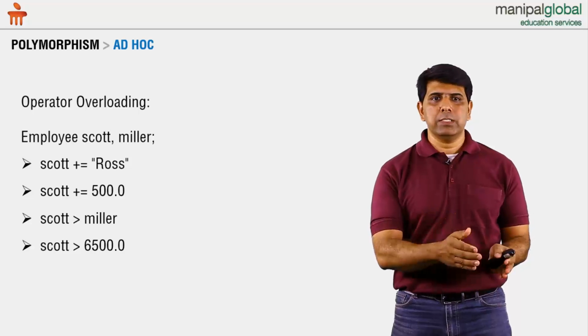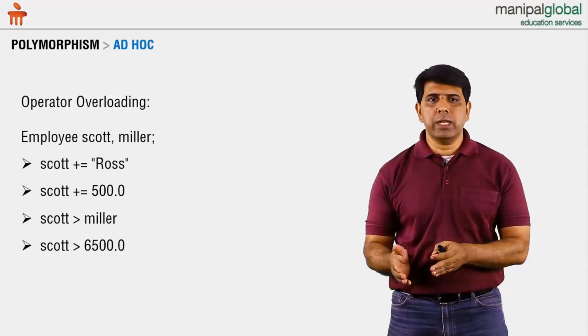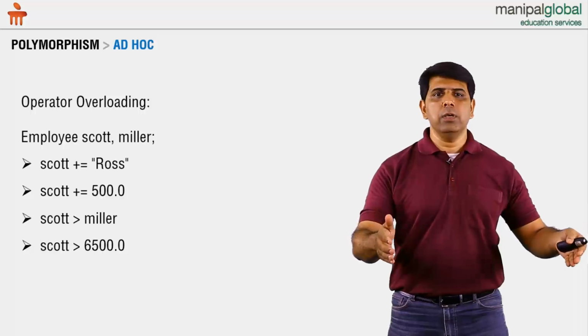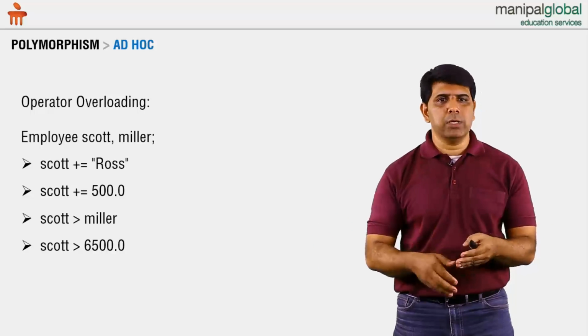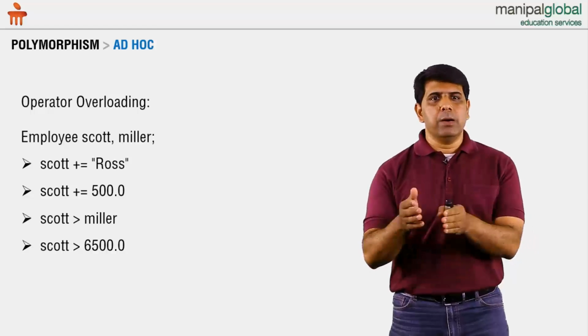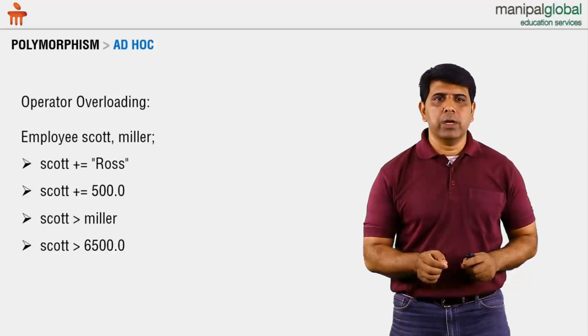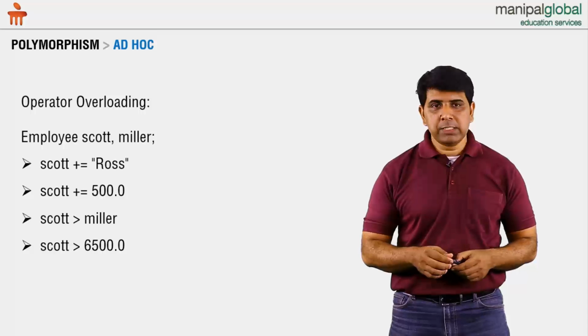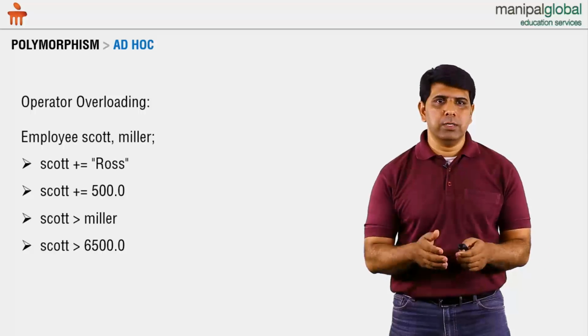Maybe it is his salary, so Scott's salary with Miller's salary, Scott's height with Miller's height, Scott's lengthy name compared with Miller's short name, or something like that. You need to define that. In the last one it was easy because you're comparing a number, so it's quite obvious that you're checking whether Scott is earning more than $6,500. That's how you define this particular overloading.